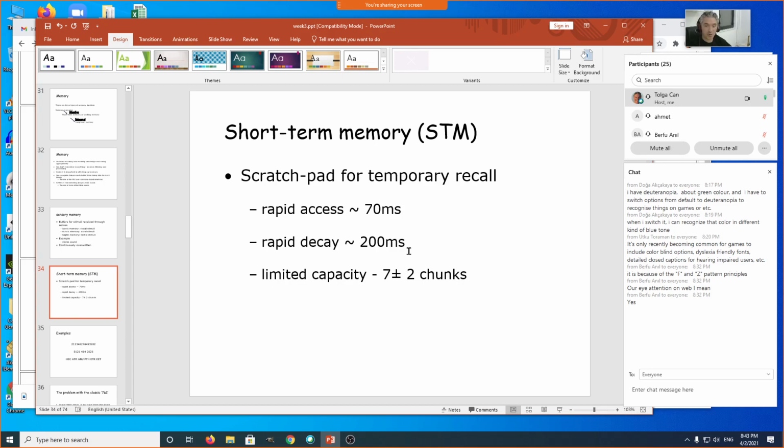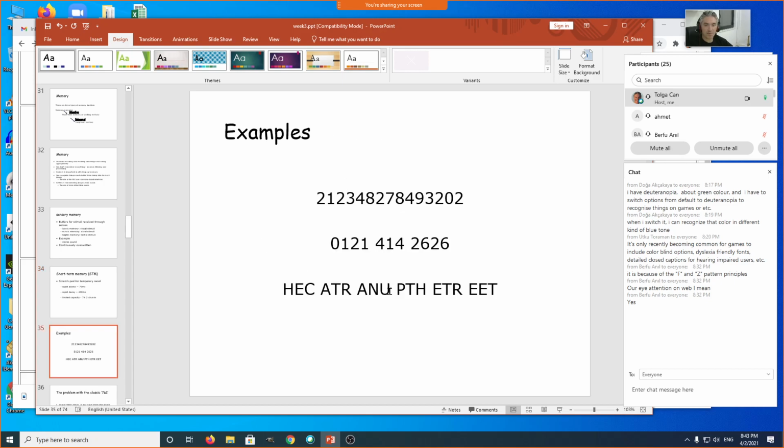We forget very quickly, and it has limited capacity, usually 7 plus or minus 2 chunks. If somebody tells you a 20-digit number, it's really difficult to repeat it back if you don't memorize it and put it in your long-term memory.